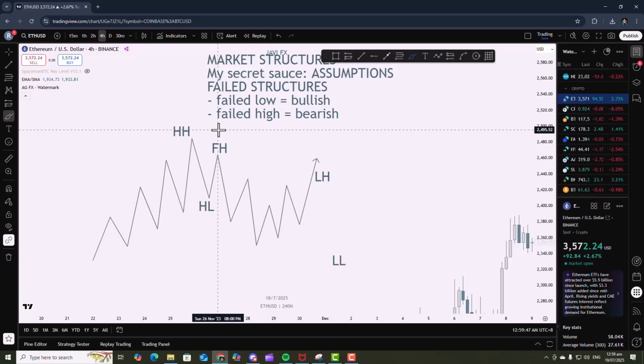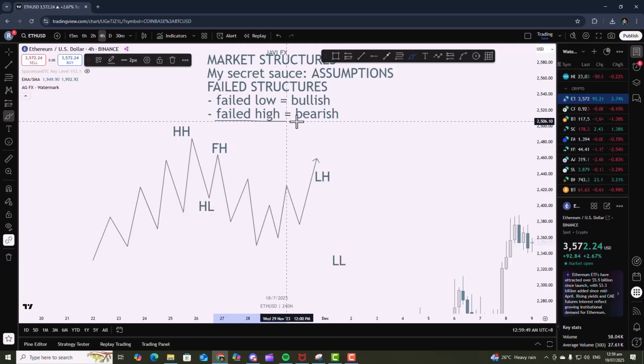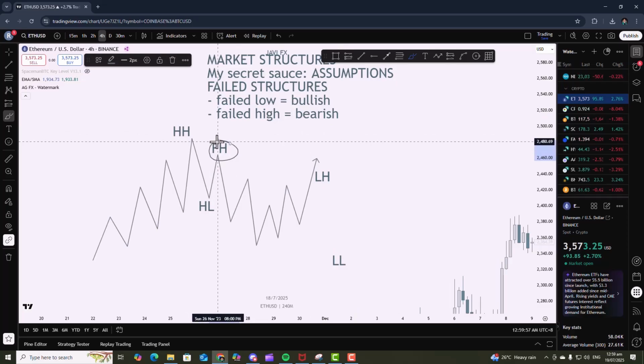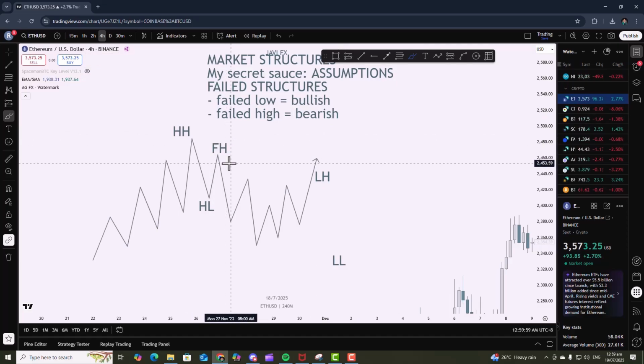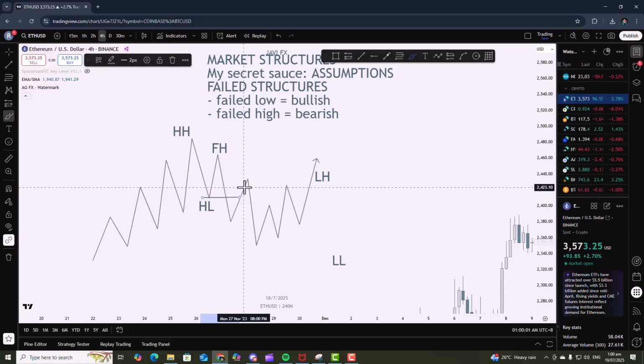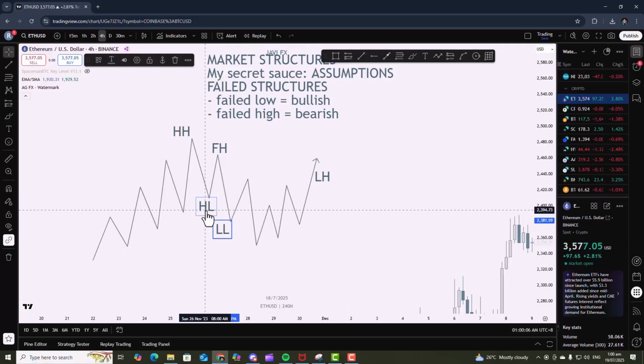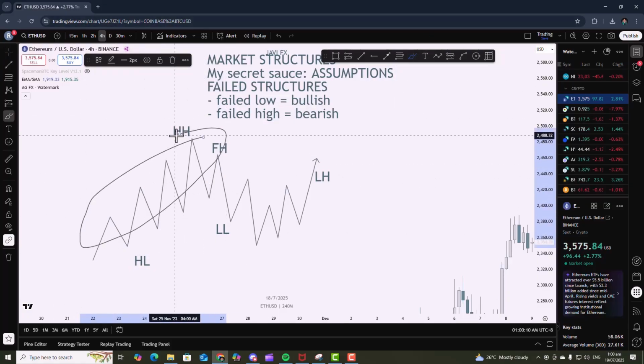Therefore, what did I say? A failed high is bearish. Let's say you don't see any of this price action just yet. We're only here. Failed high, therefore there is a high probability chance that we run this low and create a lower low. Now suddenly, our bullish trend that any 4-year-old would notice has now been invalidated.